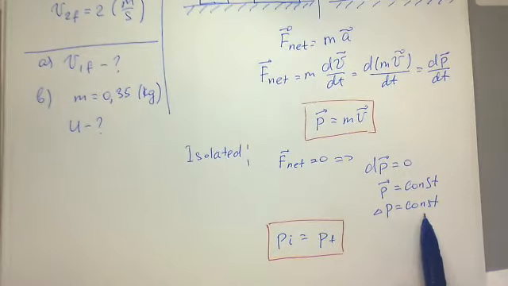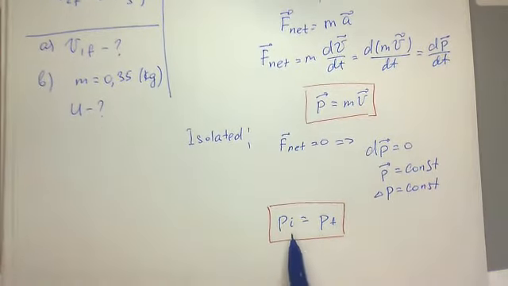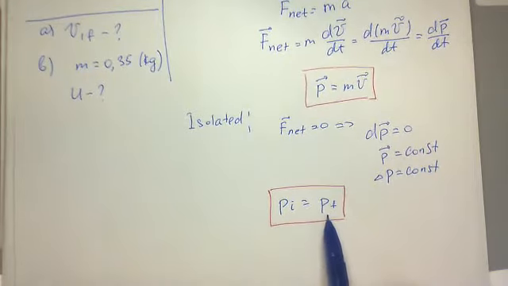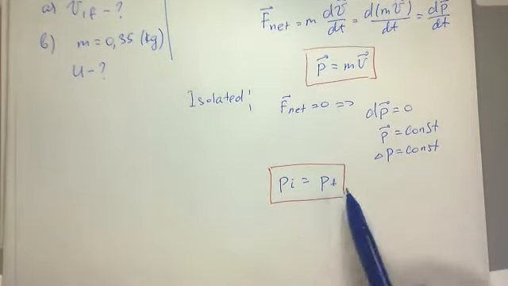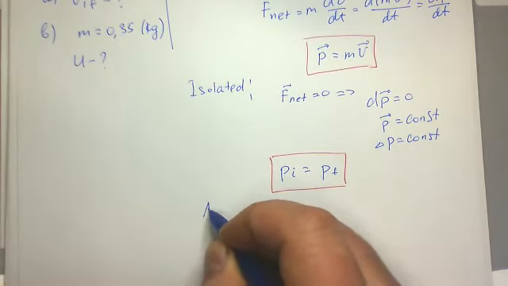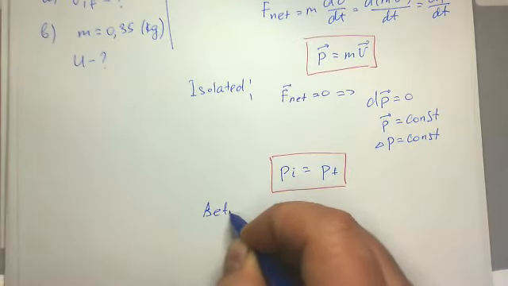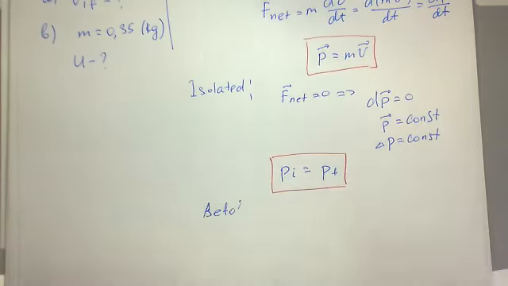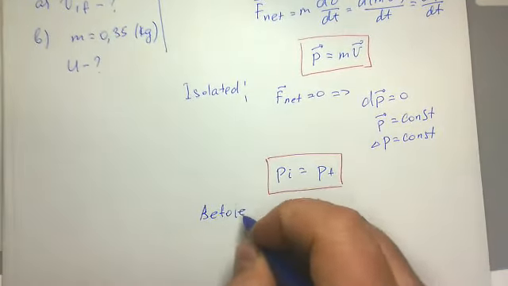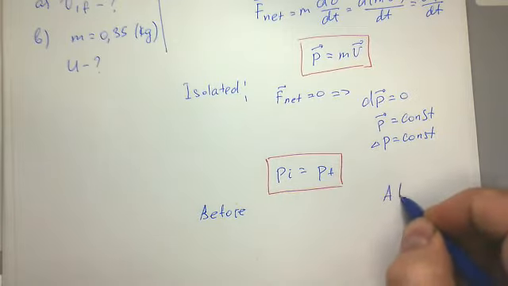So delta p is constant, or the initial momentum of the total system equals the final momentum of the total system. Now let's look at what is happening at the beginning, before the cord is burned, and after the cord is burned.